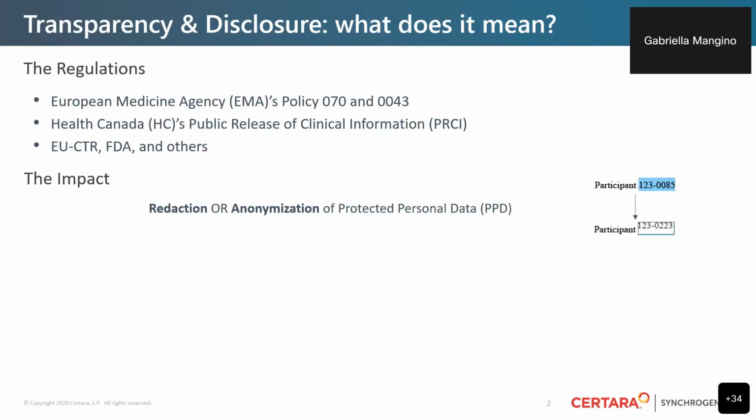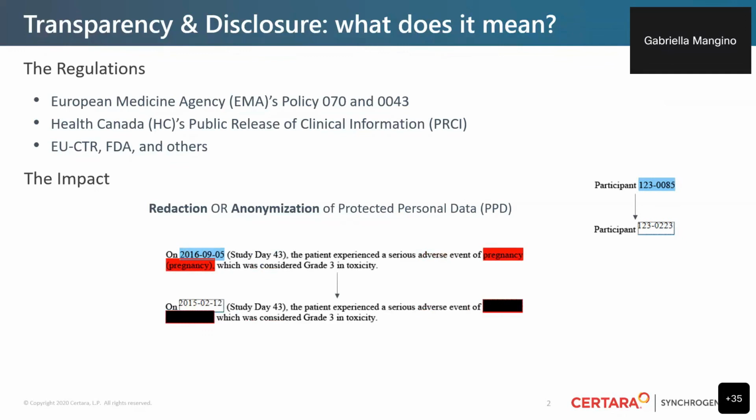We can create that transformation in the form of a redaction on a particular data field, or an anonymization, which could be a shuffle or a new value given to an original data field. For example, an original date, shown in this blue box, is transformed to an anonymized date. And an original adverse event term of pregnancy, in red, is boxed over, or a redaction box is created over it.